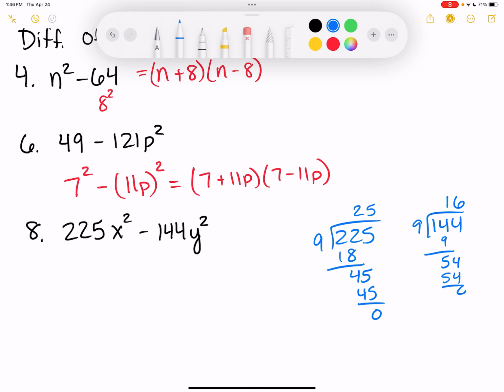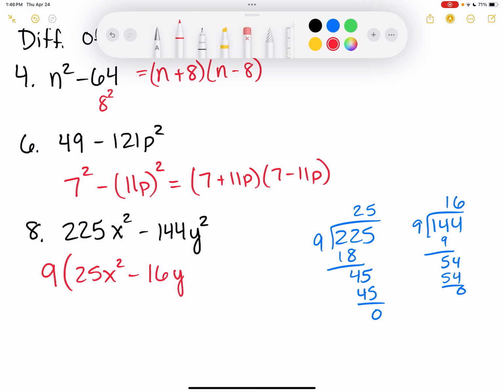So I can take a 9 out of all of this and it'll make it easier, if you don't recognize that 225 is 15 squared. Then we can do it that way, obviously. So 9 times 25x squared minus 16y squared.